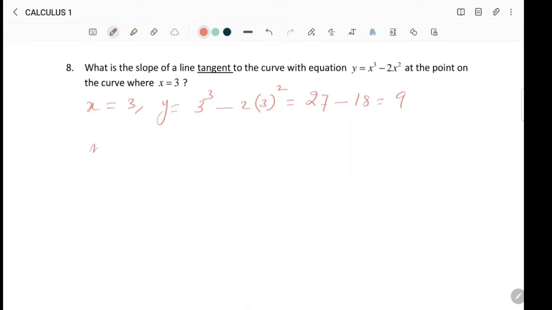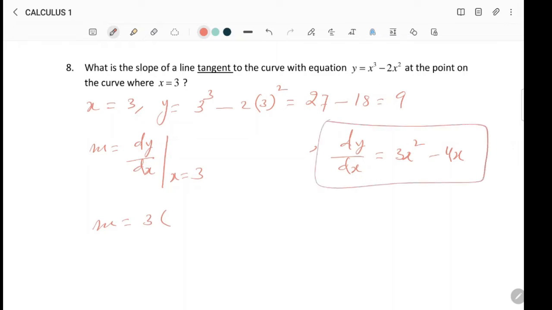And we need to find m, slope or gradient, dy by dx when x is 3. So we need to first find dy by dx. The differentiation of x cube is 3x square and of minus 2x square is minus 4x. Now we need to put x equals 3 in dy by dx to get the gradient.